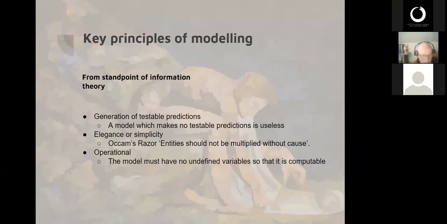And it's got to be an operational model. It cannot have undefined variables, because if it does, it's not computable. Now, these may seem very obvious points, but we'll see when we come to neoclassical economics that these are disregarded to a ridiculous extent. And yet neoclassical economics is still treated as if it was a serious subject.